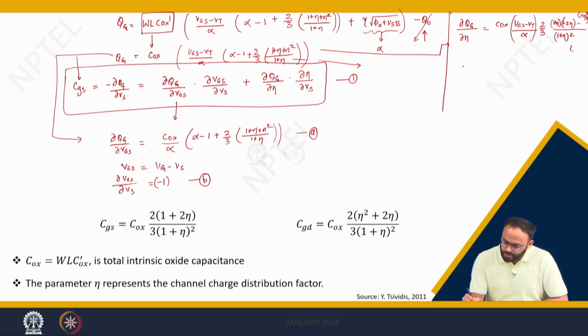When you are going to solve this, you will get COX into VGS minus VT by alpha into 2 by 3, denominator 1 plus eta whole square.